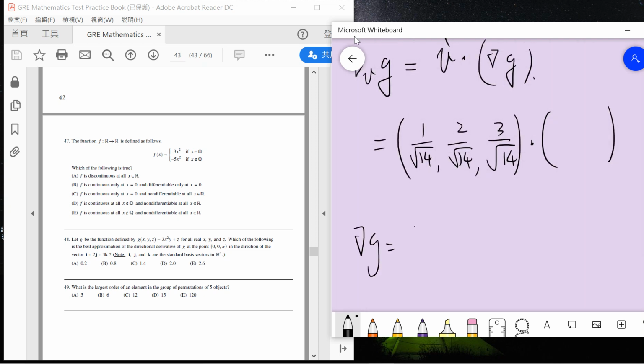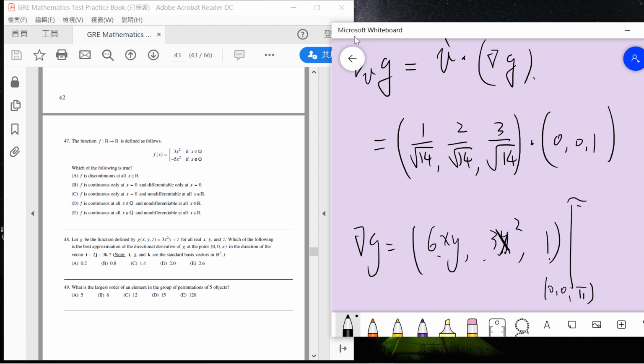So the gradient is the partial derivative over x, 6xy, the partial derivative over y, the partial derivative over z, and we plug in the point (0, 0, pi). So we get (0, 0, 1). So the answer is 3 over square root of 14. And you can easily see that this is close to choice B, 0.8. Choose B.